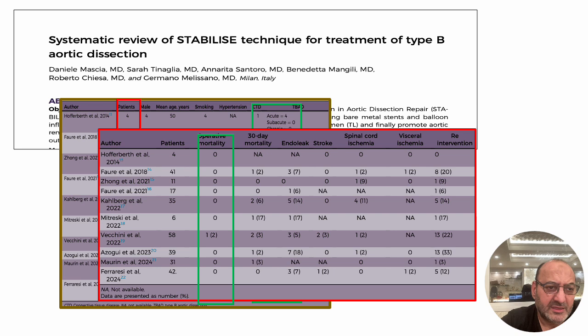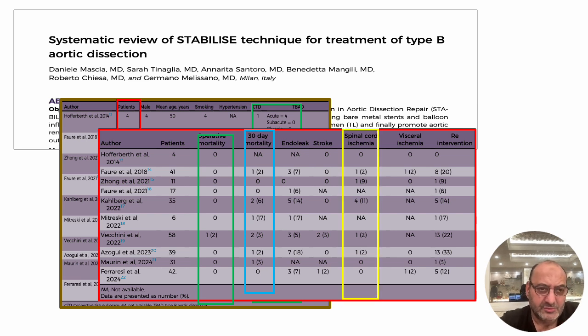And mortality almost zero across the board, except one mortality. That's when you rupture, probably. And 30-day mortality is comparable to an EVAR mortality, TEVAR mortality as well.